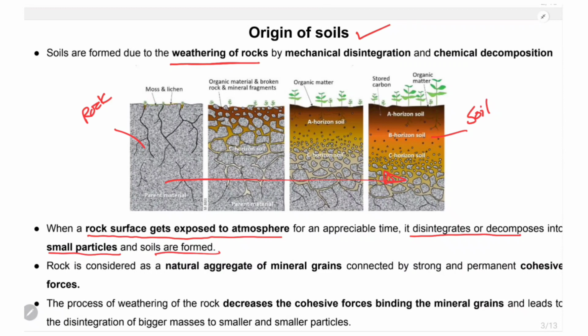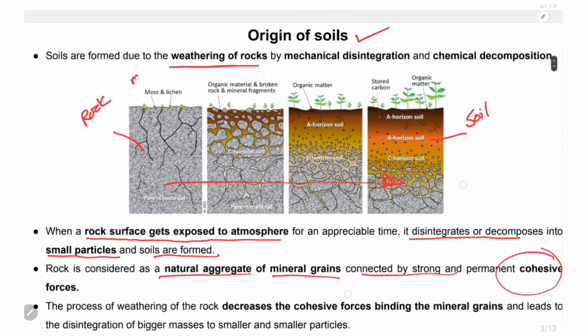For a long time, rock gets exposed to the atmosphere, and with the different actions of the atmosphere, the soil forms. How? We will see how the soil forms. This rock consists of natural aggregates of mineral grains, which are connected by a strong attractive force.